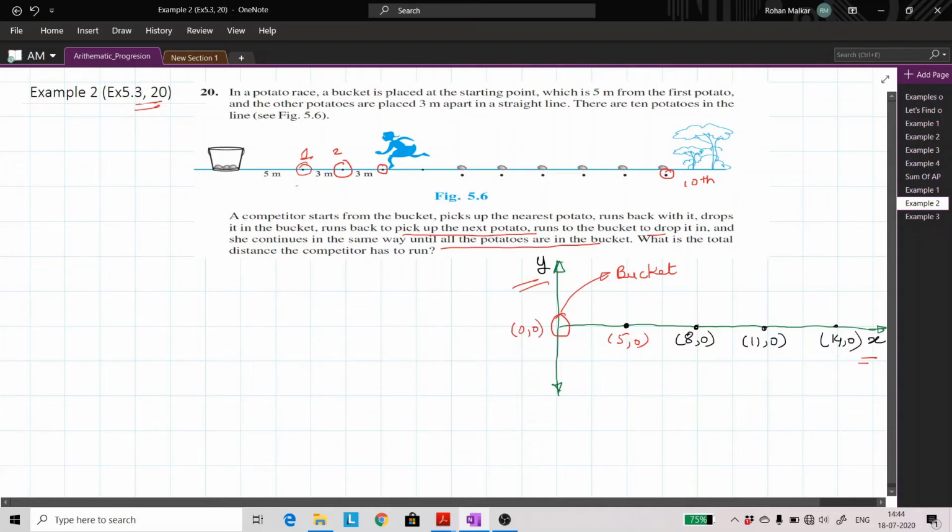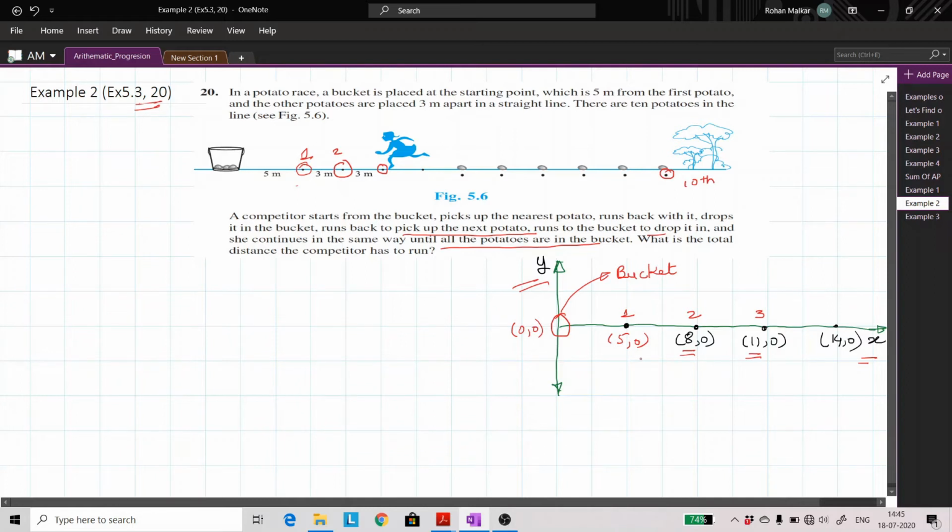The next potato is at a distance of 3 meters from the first. So this is my first potato, this is my second potato, this is my third potato, and so on. If the second potato is at a distance of 3 meters from the first, then it is at a distance of 8 meters from the origin. Hence the coordinate that we get is 8, 0. Similarly, if you add 3 to this, I get 11, 0.